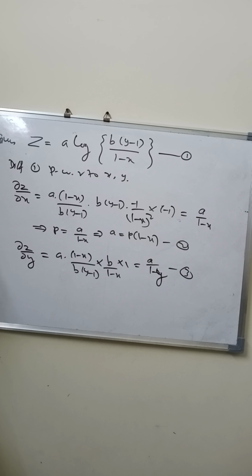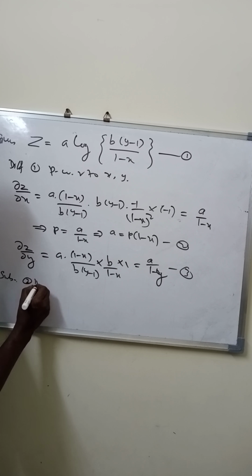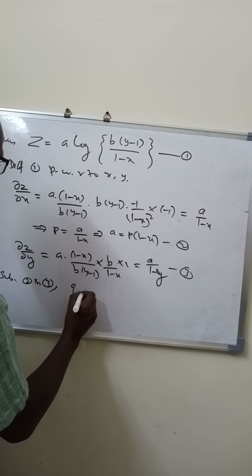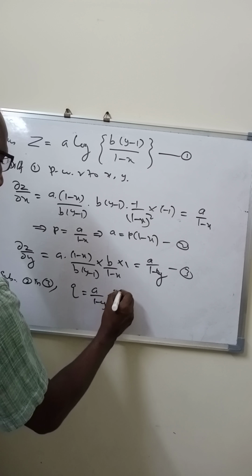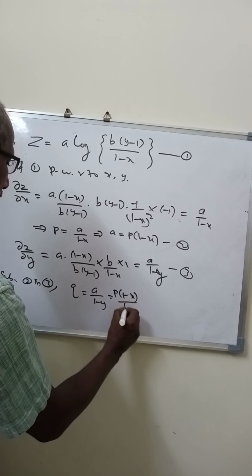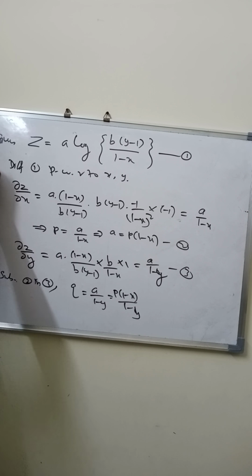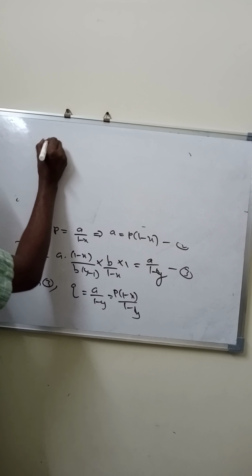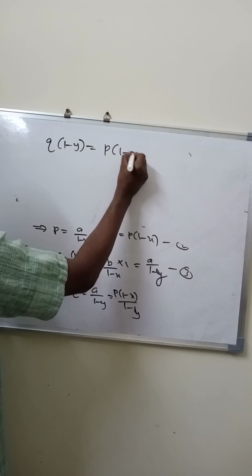Now substitute the value of 2 in 3, that is, substitute 2 in 3. We get ∂z/∂y, that is q, equal to a by (y minus 1), equal to p into (1 minus x) by (y minus 1). Cross multiplying, what we get is q into (y minus 1) equals p into (1 minus x).